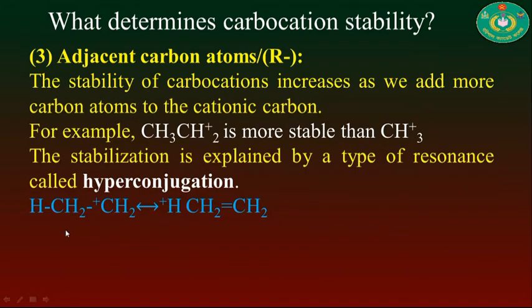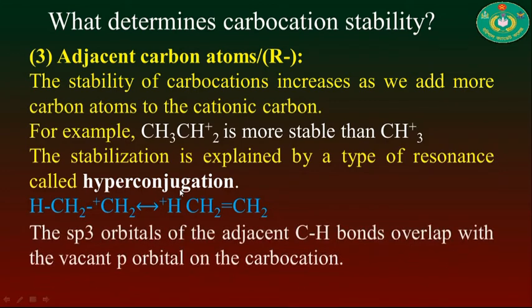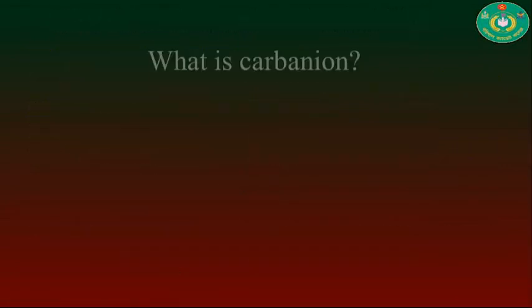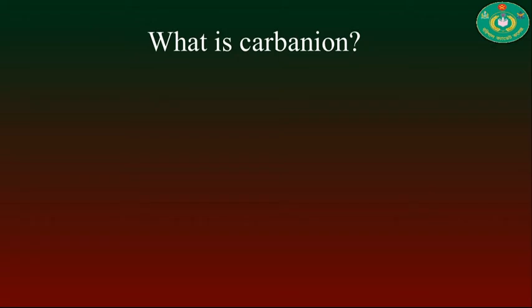Simply, you will be reminded that the shift or complete transfer of sigma electrons from one element to another is known as hyperconjugation. These topics will be discussed later elaborately. The sp3 orbitals of the adjacent CH bonds overlap with the vacant p orbital on the carbocation.